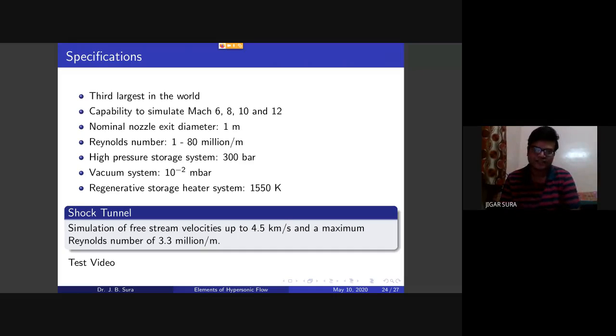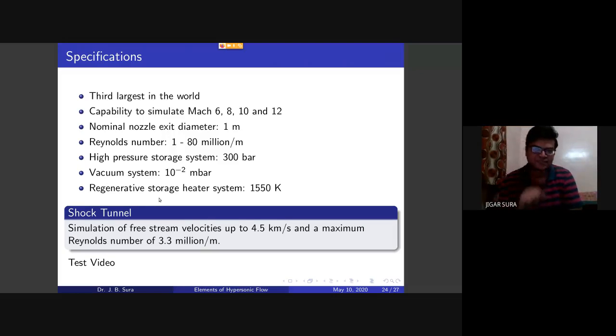And that storage heater system has 1550 Kelvin temperature. So air will be brought up to 1550 Kelvin temperature and then expanded to generate either Mach 6 to Mach 12 flow. There is another facility available at ISRO, which is a shock tunnel, which can test up to 4.5 kilometer per second flow, and Reynolds number can go up to 3.3 million.